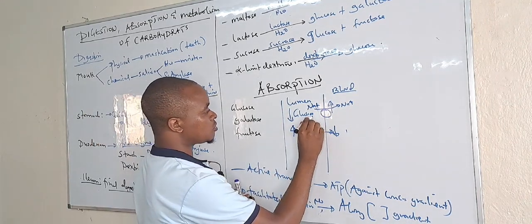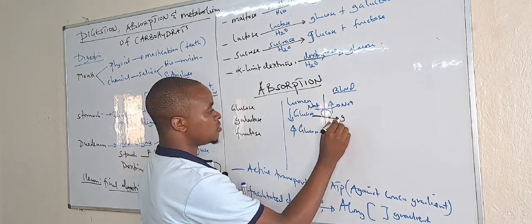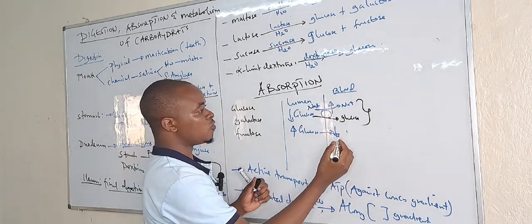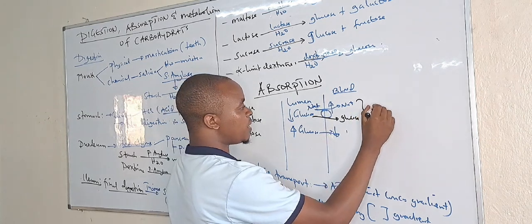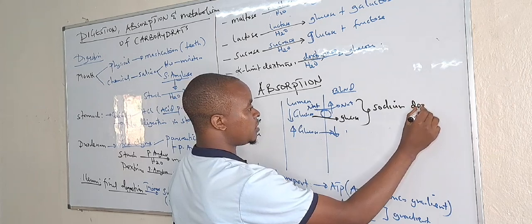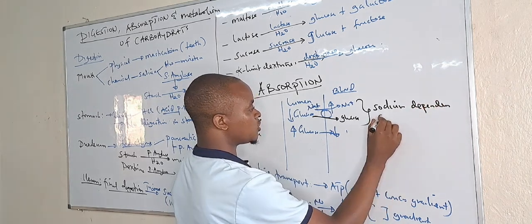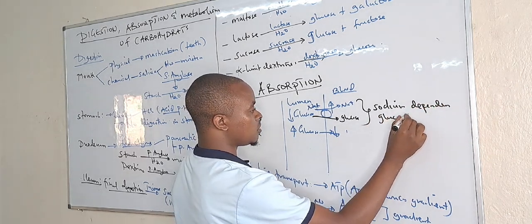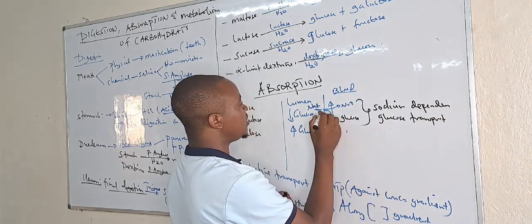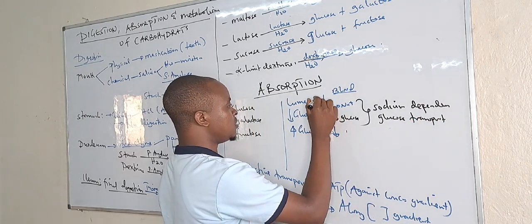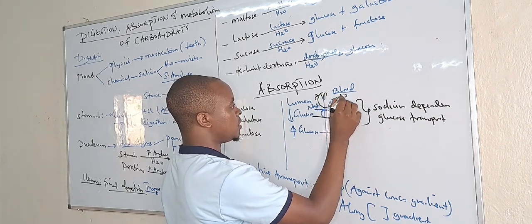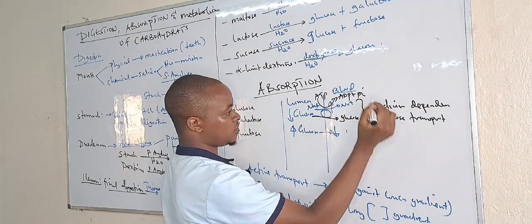So glucose is transported into blood by the transporter known as sodium dependent glucose transporter, which involves the hydrolysis of ATP to ADP plus inorganic phosphate.